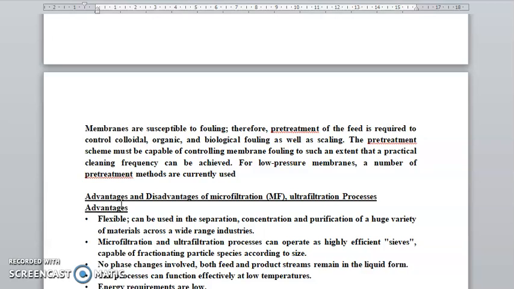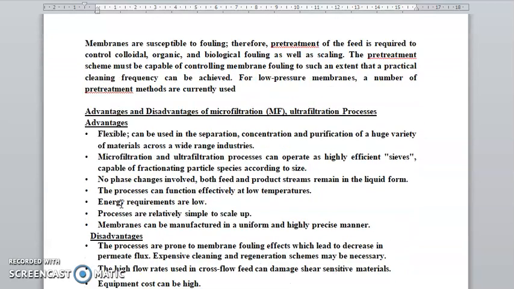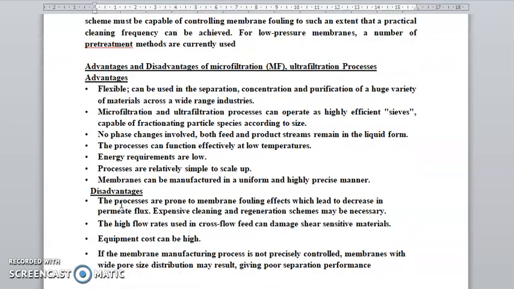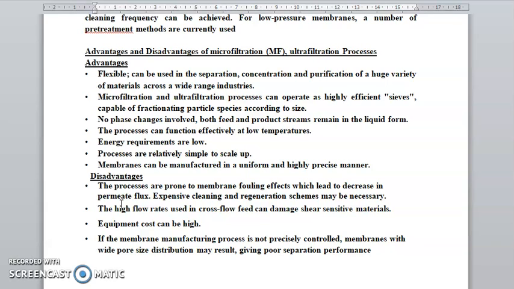Advantages and disadvantages of microfiltration. It is flexible and can be used for separation, concentration, and purification of a huge variety of materials in a wide range of industries. Microfiltration and ultrafiltration processes can be operated highly efficiently, capable of fractionating particle species according to size.